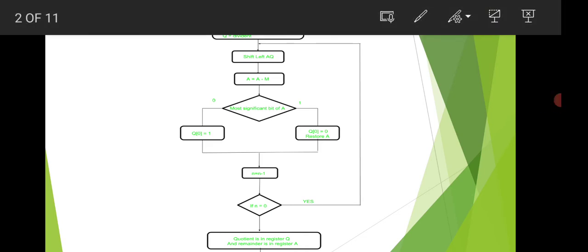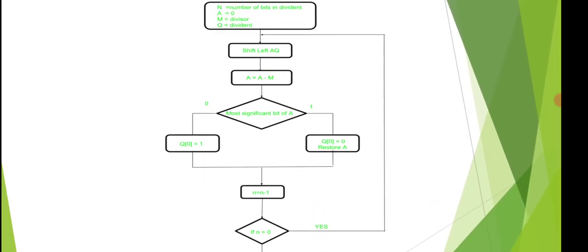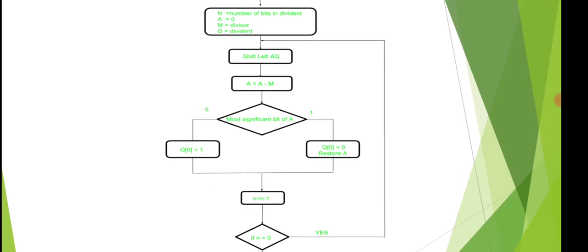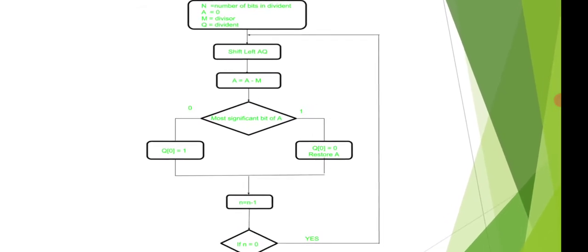Let us start with the algorithm. In the starting step, we take the dividend value, the number of bits available in the dividend, and store it in n, and in the accumulator A you initialize 0. Then you have M, where you store your divisor, and your Q is nothing but your dividend.